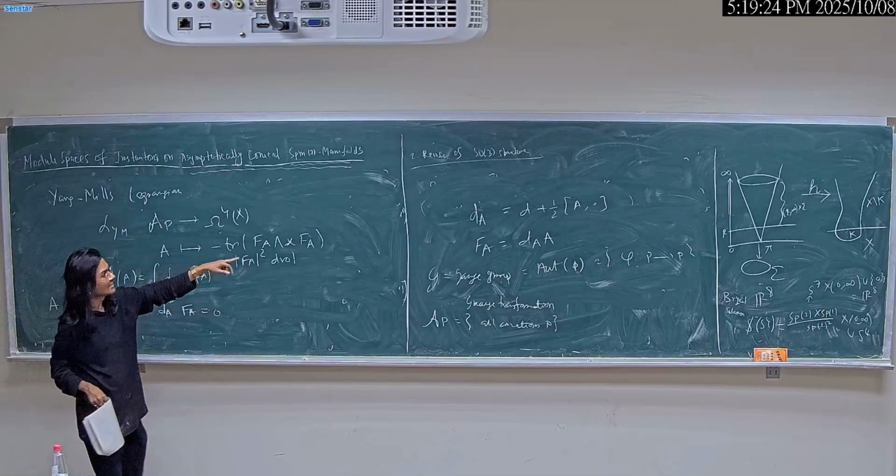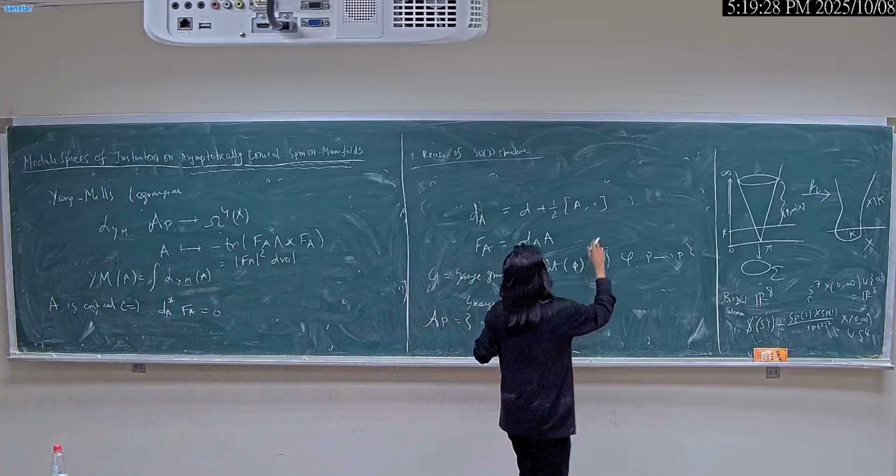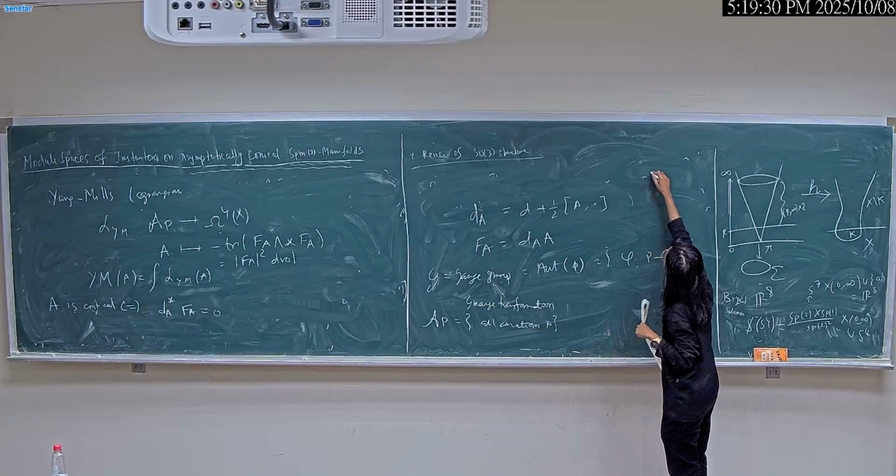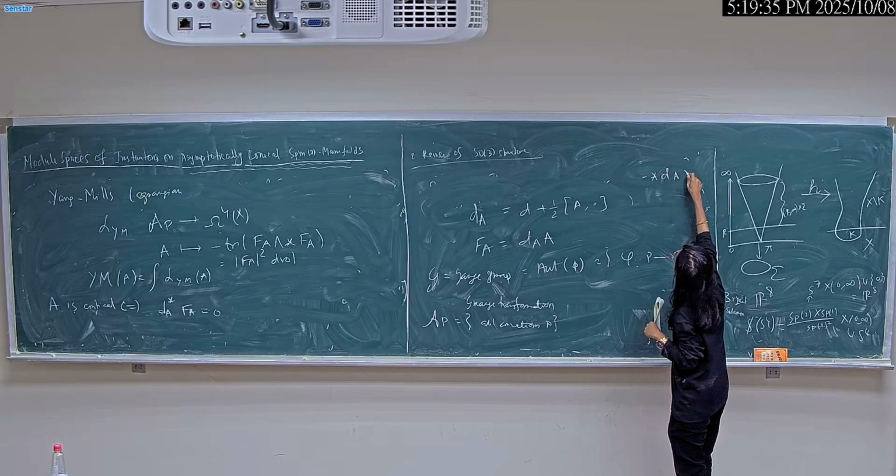So you had d_A there. d_A star is the formal adjoint of d_A, which you can write like this: minus Hodge star d_A Hodge star.